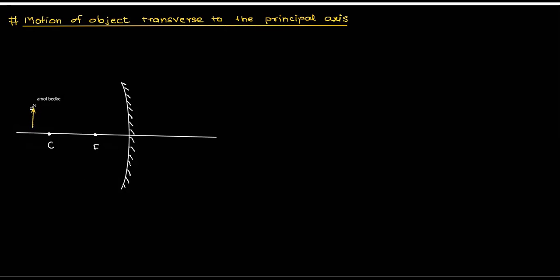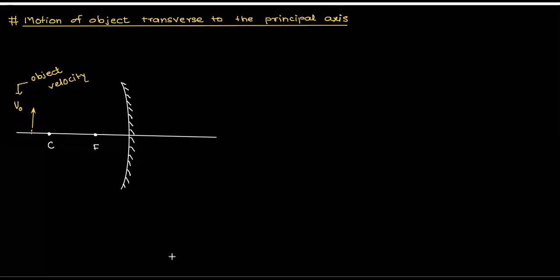How is it moving? Transverse to the principal axis. So I'm keeping little dots here as it is moving. Now as object is here, let us suppose it is moving with velocity v naught. What is v naught? Object velocity. It is moving here.